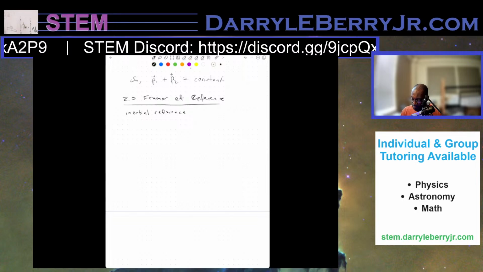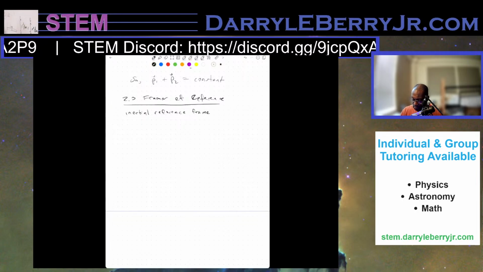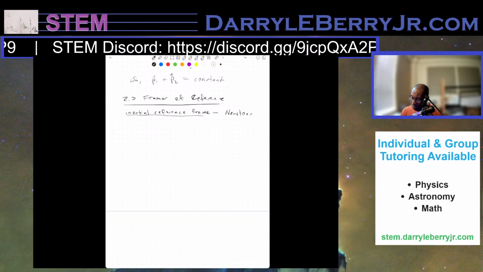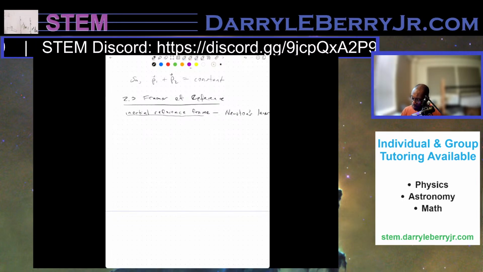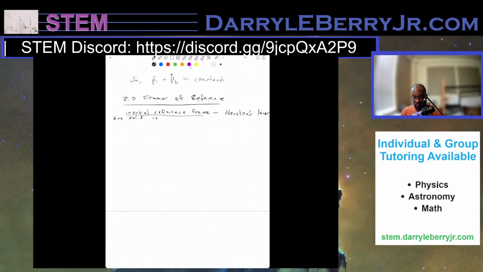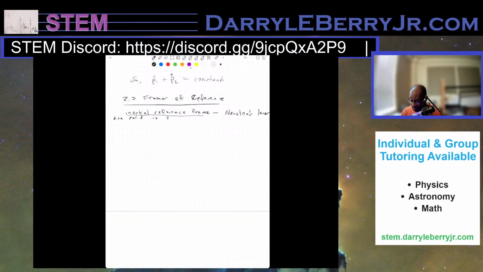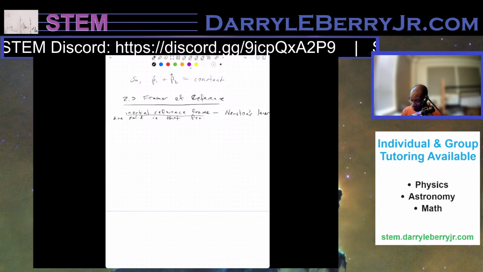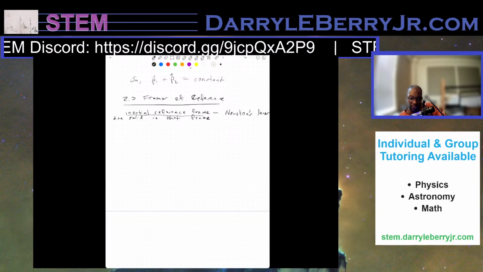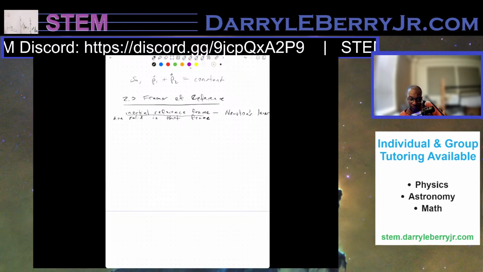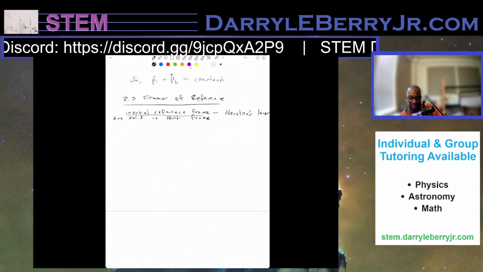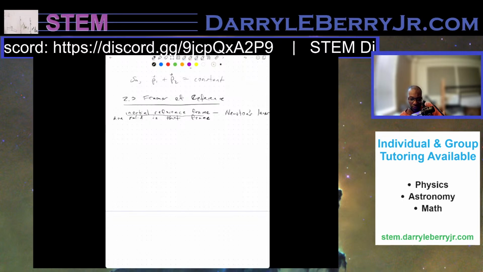So in an inertial reference frame, the laws are valid. That is, if a body subject to no external force moves in a straight line with constant velocity or remains at rest in the coordinate system, establishing this fact is an inertial frame of reference.